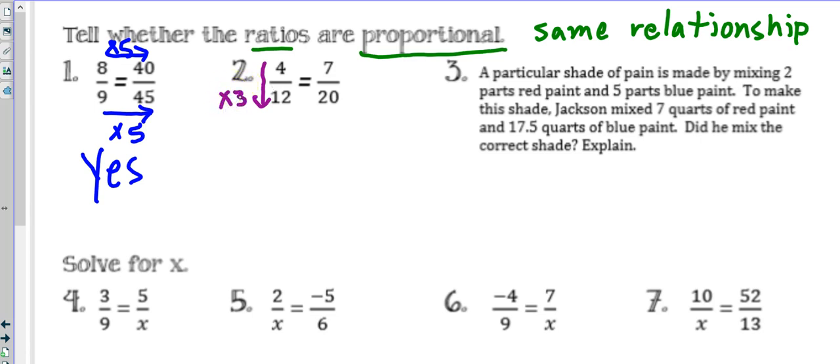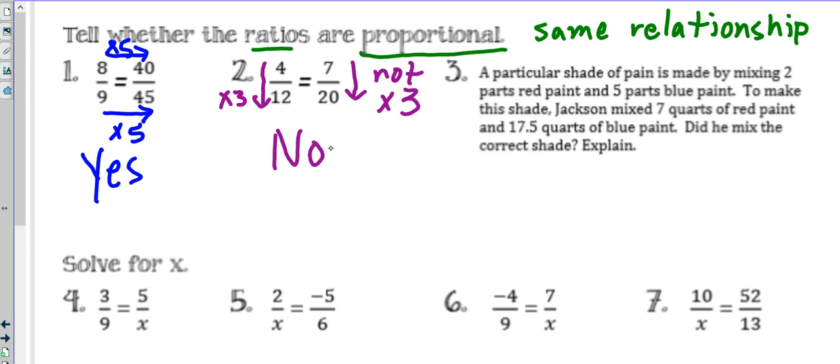Then I look at 7 and 20 and see if it's the same relationship. Well, 7 doesn't go into 20 3 times, it goes into it less than 3 times. So because they don't have the same relationship, it's not a times 3. This is going to be a no. It's not a proportion.